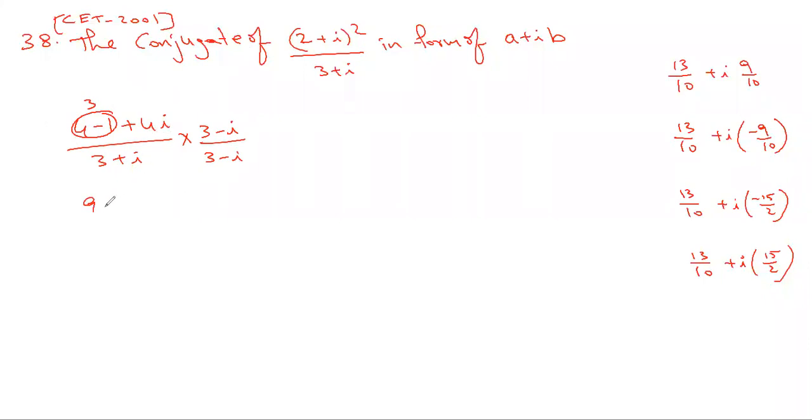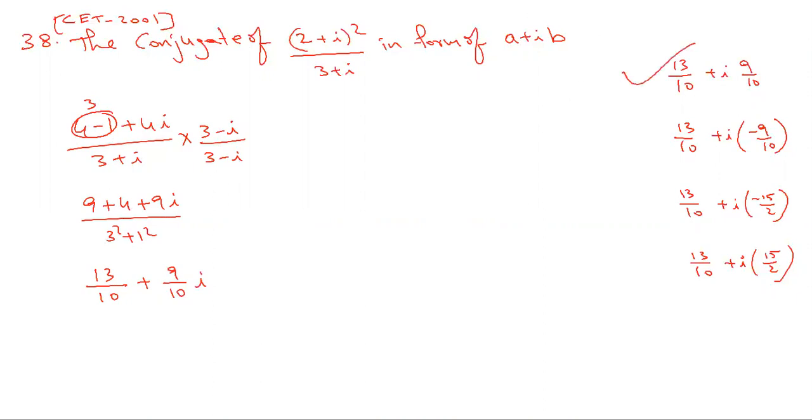Minus 4I square will be plus 4. And minus 3I plus 12I plus 9I by 3 square plus 1 square. So 9 plus 4, 13 by 10 plus 9 by 10I, which is the first option.